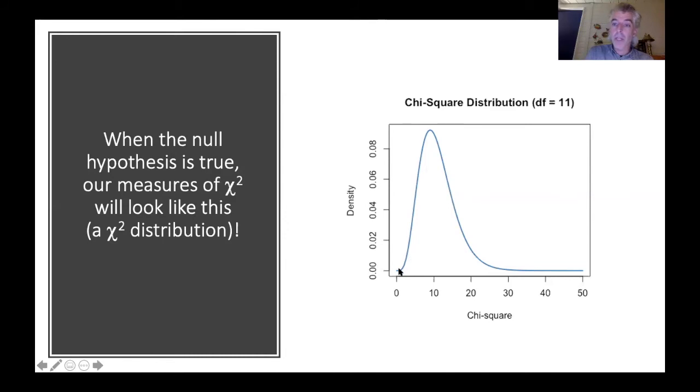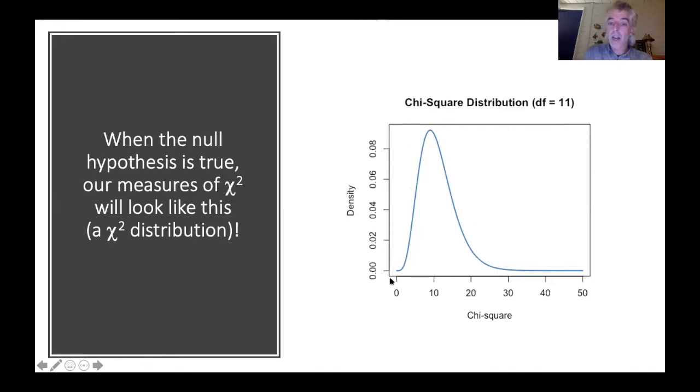Sometimes it's going to be really close to 0, but just by random chance, the number of counts in each of those categories is not going to be perfect. It's going to bounce around a little bit. And only very rarely are we going to get a chi-squared value that's, say, above 20. Okay, so when we have 12 categories, our chi-squared distribution looks like this.